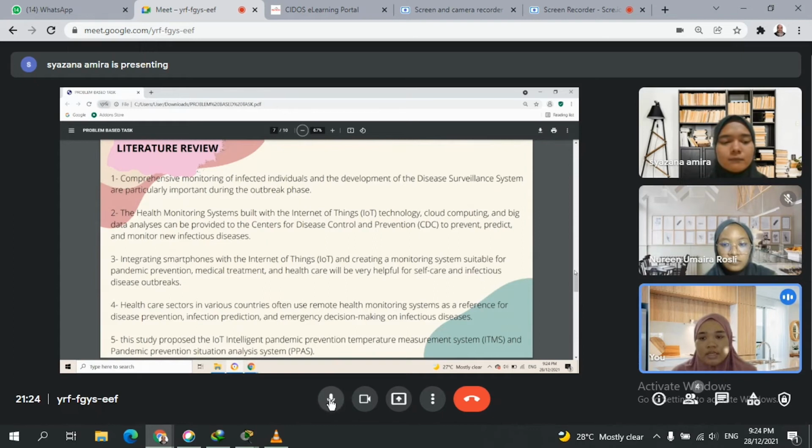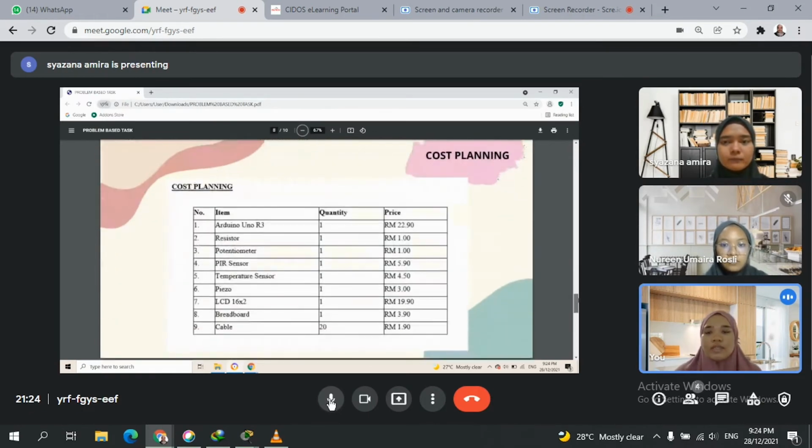And the last one, this study proposes the IoT intelligent pandemic prevention, temperature measurement, and pandemic prevention situation analysis system.